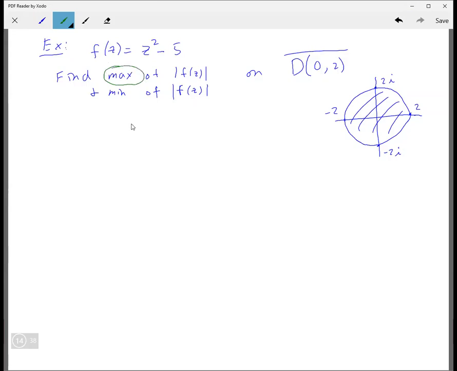The maximum, anybody want to guess what the maximum would be and at what point it would happen? First of all, we know that it has to happen on the boundary, because of the maximum modulus principle.